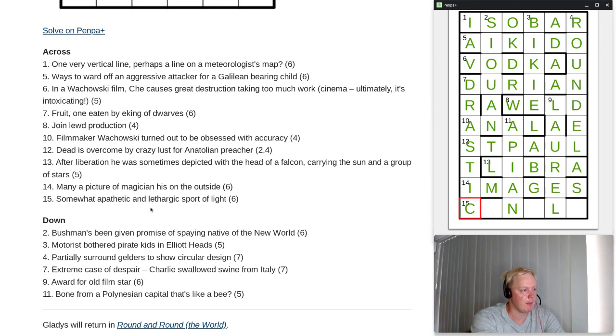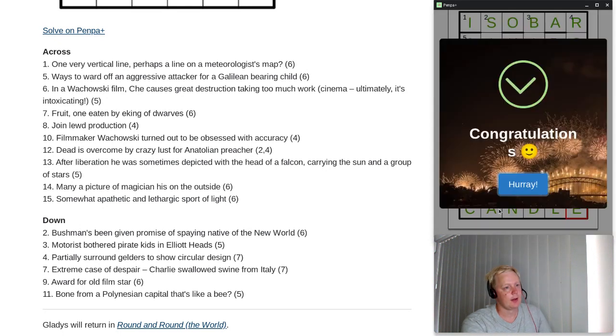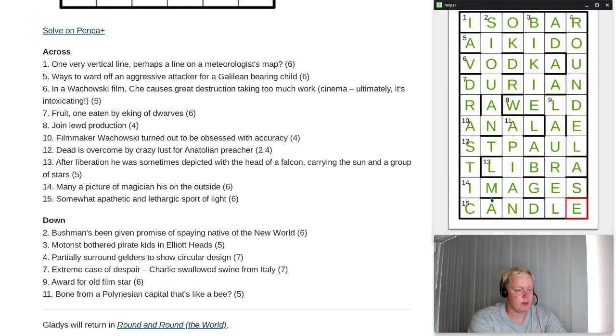So take some of the following words, but not all of it, and inside these words we have the word candle, which fits here. And that was correct, as we see there. So candle is not a sport of light.